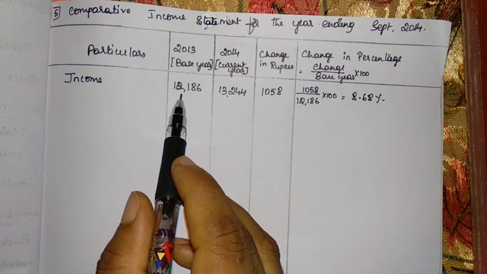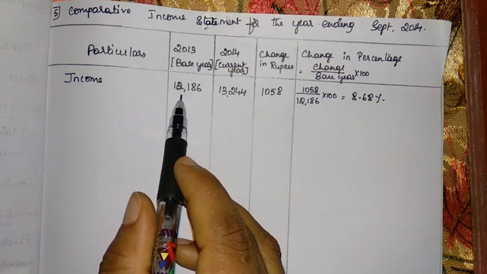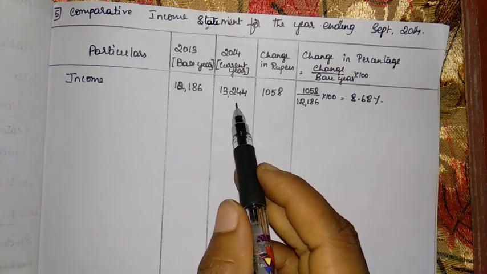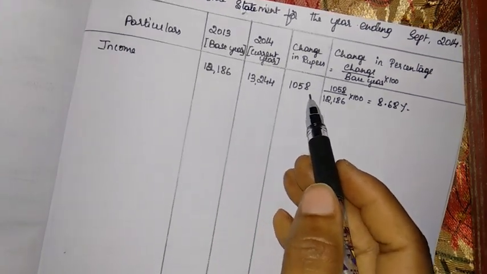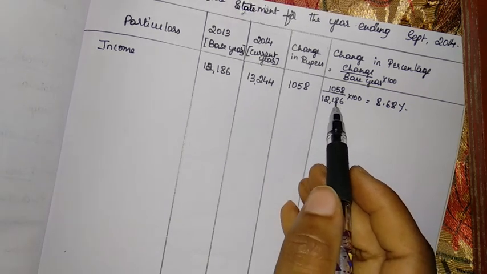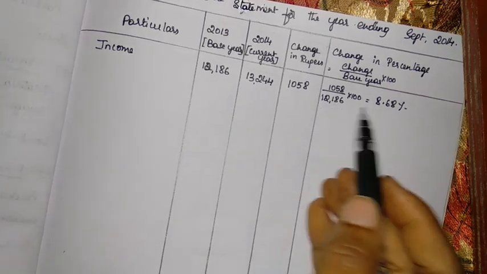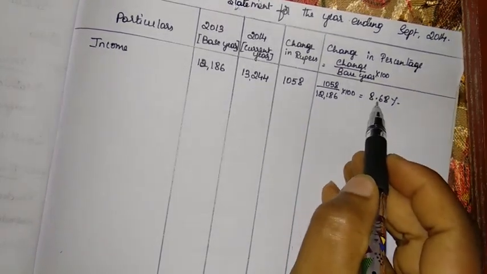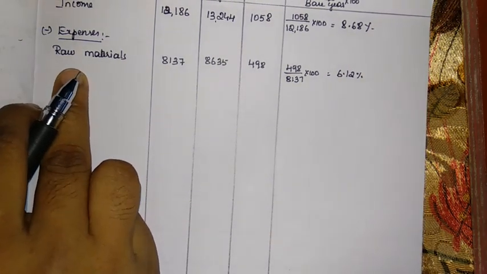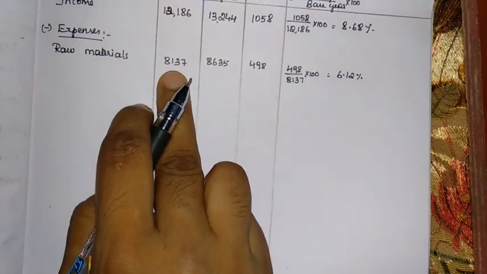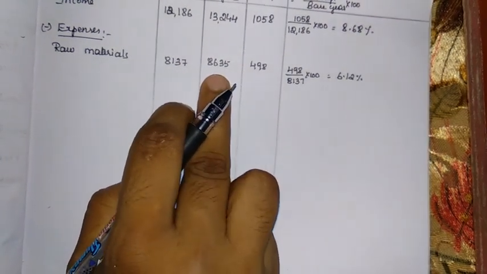In the base year it was 12,186 and in the current year 13,244. So the change in rupees is 1,058, and the change in percentage is 1,058 divided by 12,186, which is 8.68%. First item under expenses, raw material: 8,137 in the base year, 8,635 in the current year.